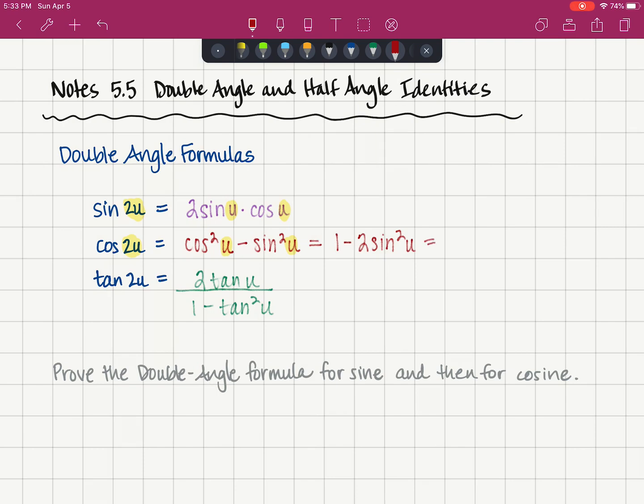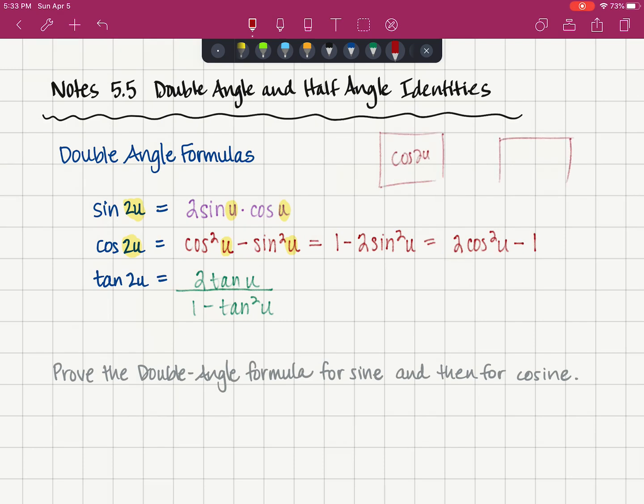Got it? Good. We could also substitute in 1 minus cosine squared for sine squared. And when we do that, we get 2 cosine squared of u minus 1.